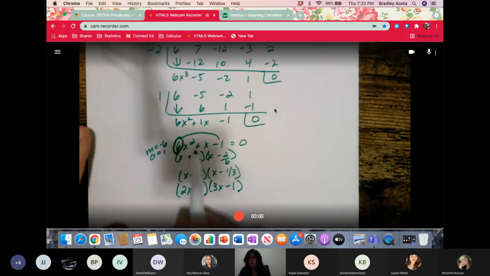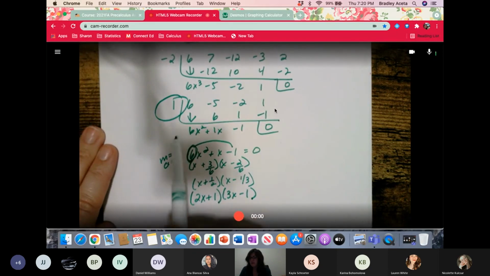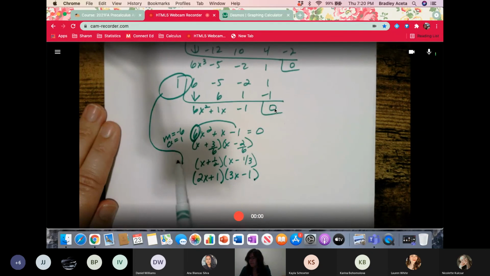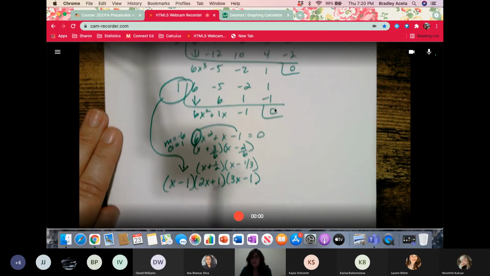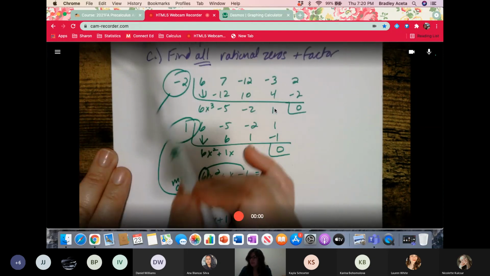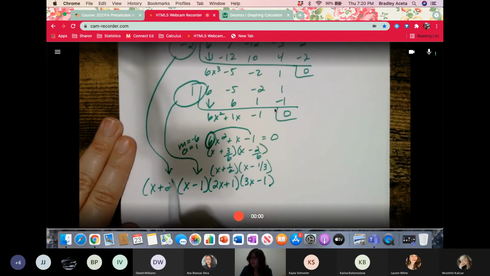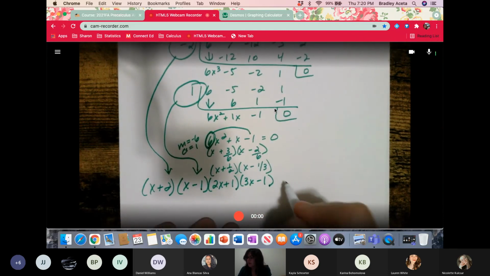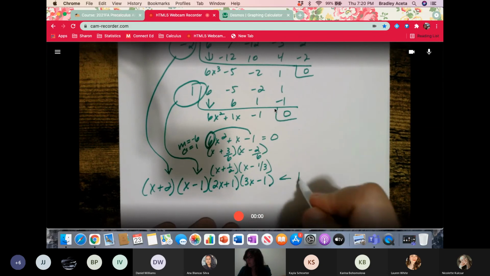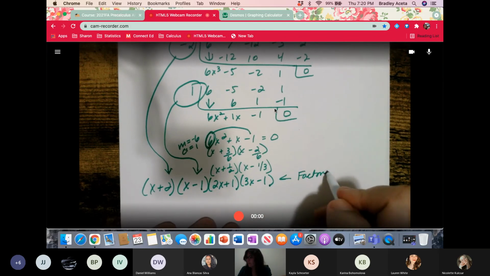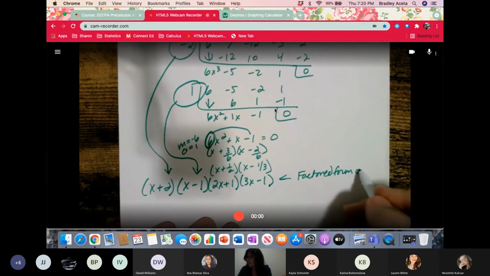But what were the other zeros I had? Well, I had this guy, x minus 1. And then I had this one, x plus 2. So this is the factored form of P of x.